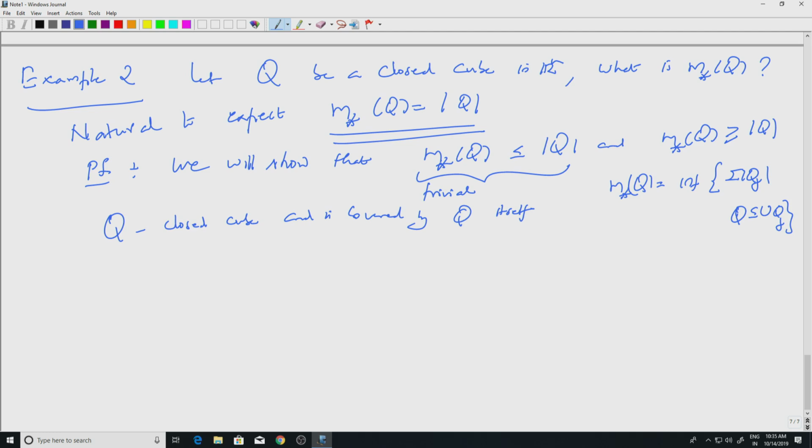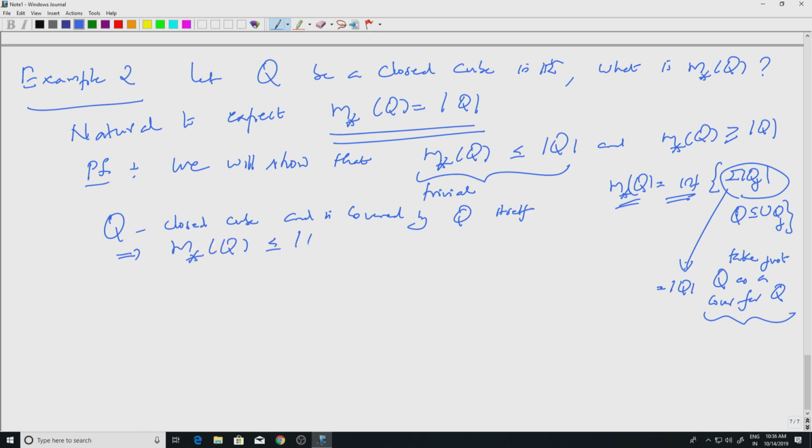I can take just Q as the cover for Q. So, this would be simply mod Q, and I am taking the infimum of such things. Since mod Q is there, m star of Q is less than or equal to mod Q.